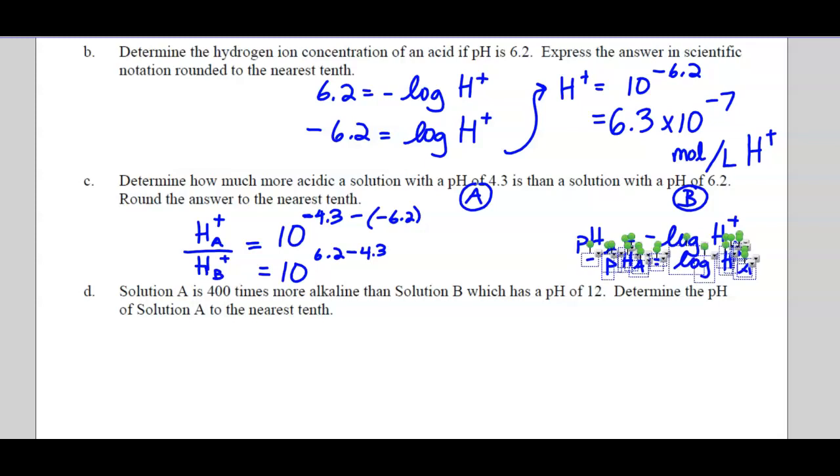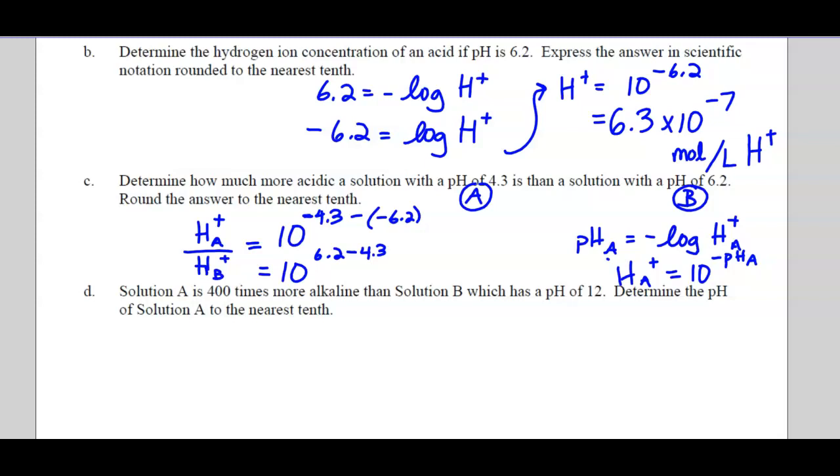So what you can think about in your head, this is A over B. For magnitudes and decibels, this was A minus B. But because of that negative here, you can change it, and the pH of B is going to be your first minus your second. So from here, there's your equation, right? pH of A is equal to negative log of H plus of A. If I solve this equation for H, the hydrogen ion of A, that would be equal to 10 to the negative pH of A. Bring the negative over, 10 to that value.